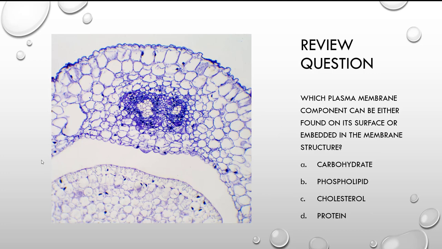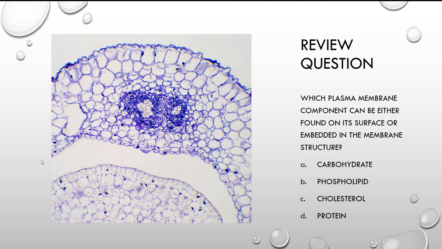All right, so let's do a couple of review questions on our plasma membrane. Which plasma membrane component can be either found on its surface or embedded in the membrane structure? Is it A, carbohydrate, B, phospholipid, C, cholesterol, or D, protein?